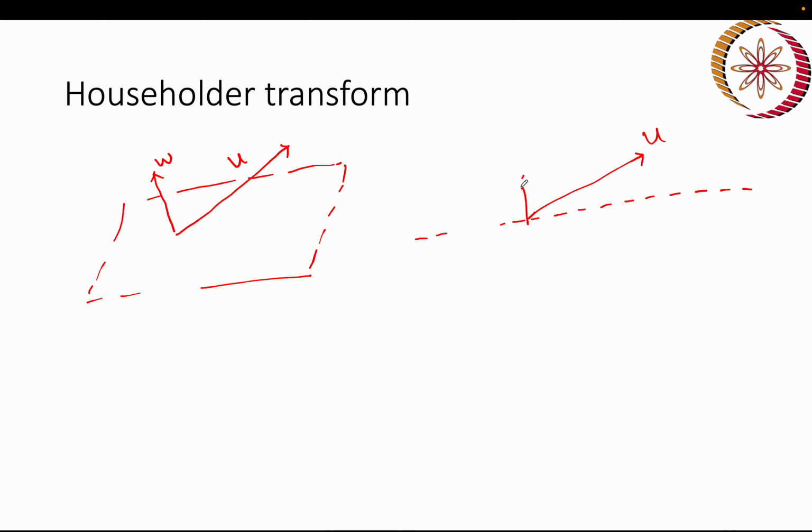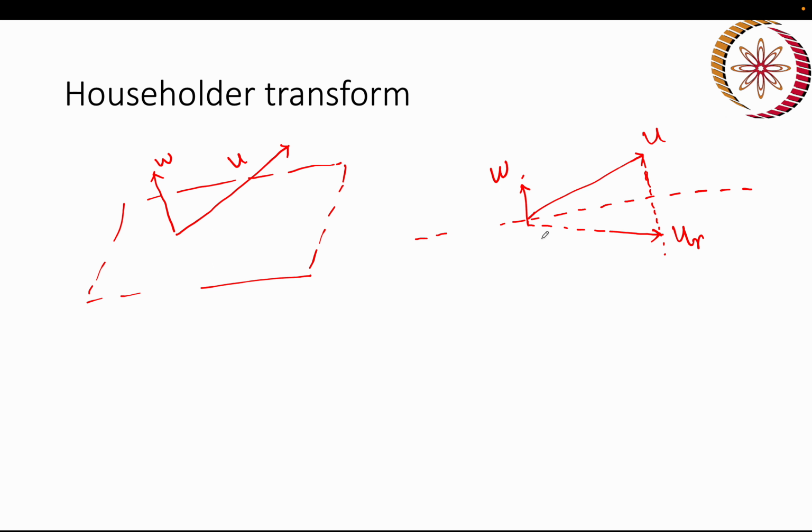Let's say this is the normal vector w, and we want to reflect it along this, so it will be like this. Let's say this is the u reflected vector.